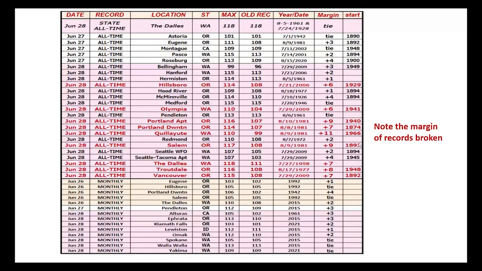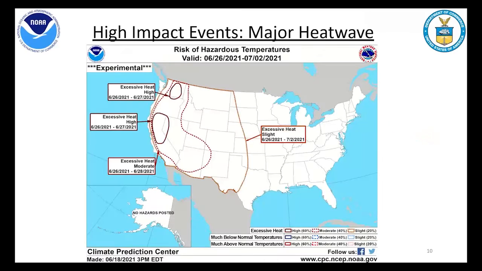Salem, Oregon, back to 1893, and the all-time records on June 28th were just 8 to 11 degrees above the preceding record. So just quite remarkable what occurred back in late June.